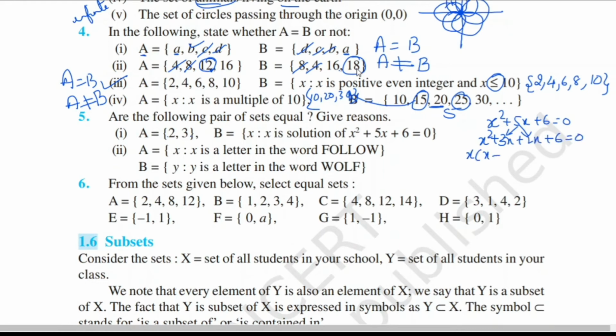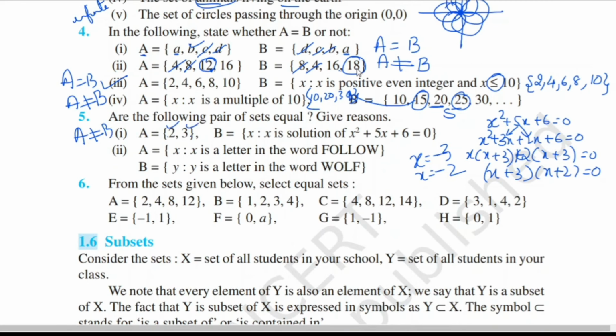We get x plus 3, then what is common? Plus 2, common x plus 3. So x plus 3, x plus 2 equal to 0. We get x equal to minus 3 and x equal to minus 2. So A is not equal to B because this is 2 and 3, and this is minus 2 and minus 3.